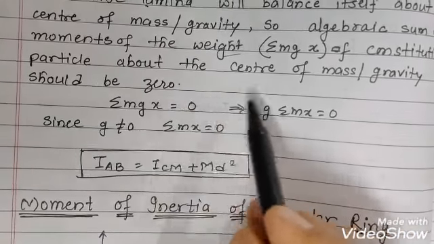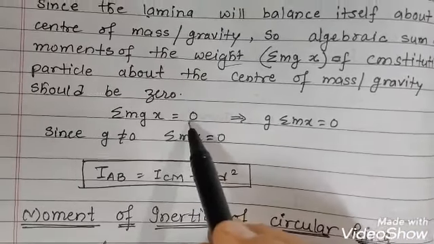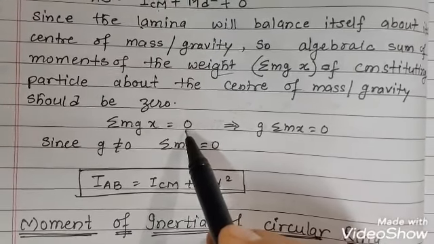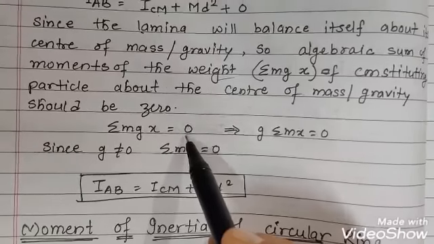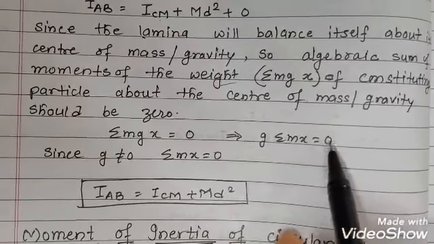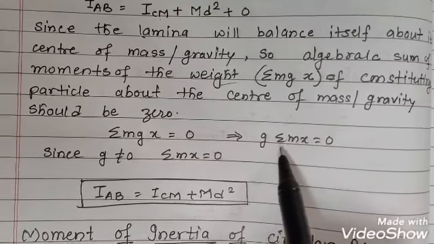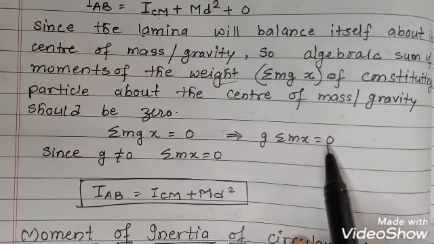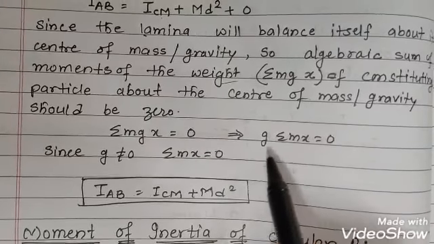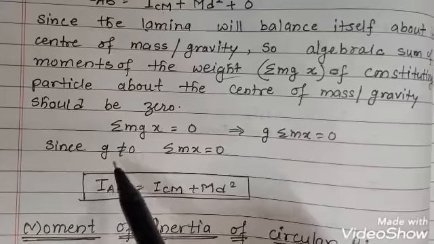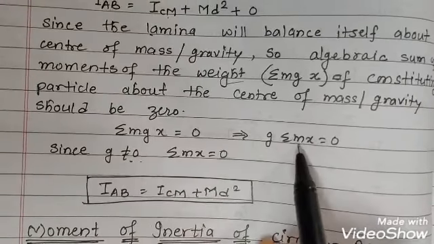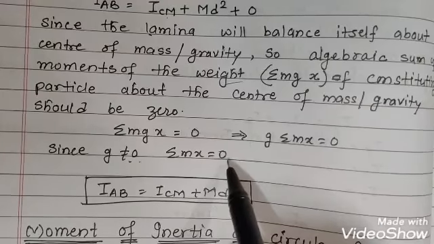Now we know that summation mgx, which is called the moment of weight, will be 0 about the center of mass or center of gravity. If we take g out, summation mx will be 0. If the product of quantities is 0, then one of the quantities must be 0. g is not 0 here, so in such a case summation mx must be 0.